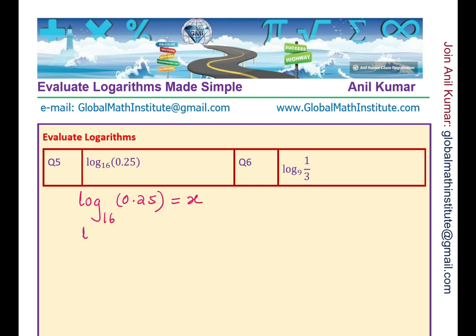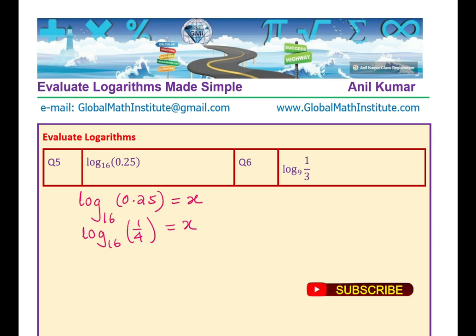So we could rewrite this as log to the base 16 of 1 over 4. Makes sense, right? 1 divided by 4, a quarter, is 0.25. Perfect. Now we'll adopt the same method. So we have 1 over 4 equals 16 to the power of x.